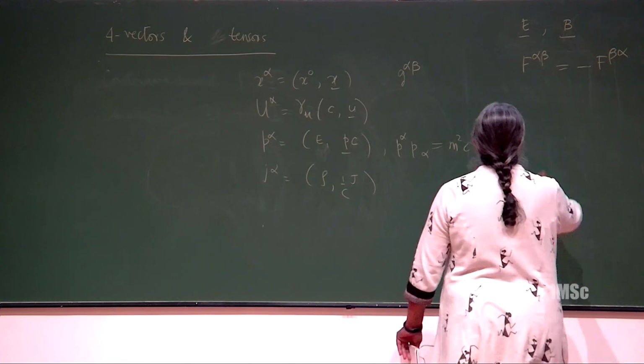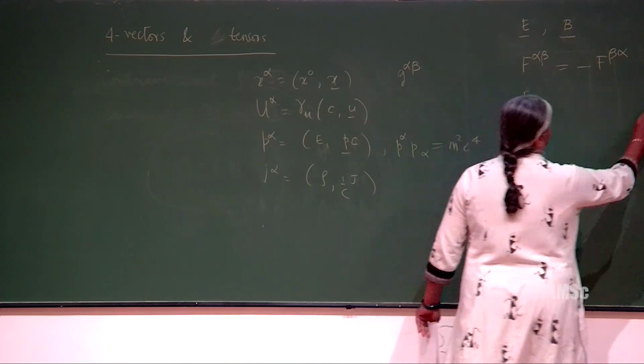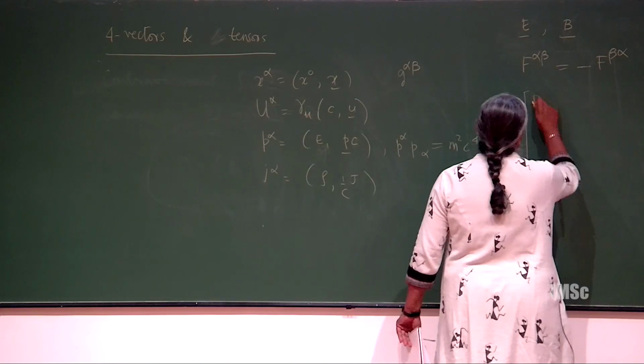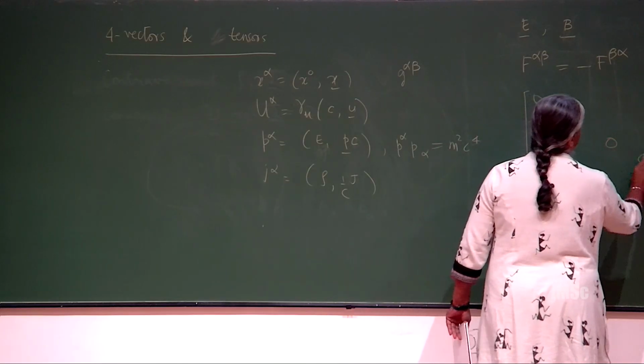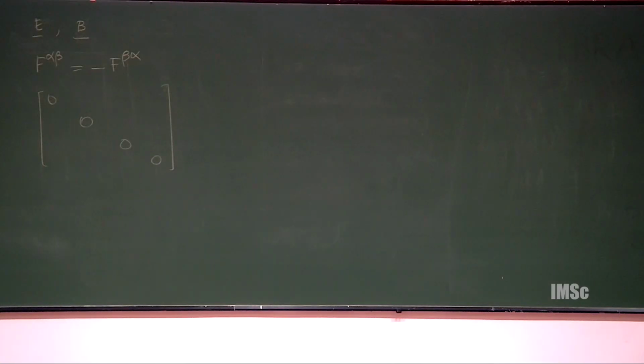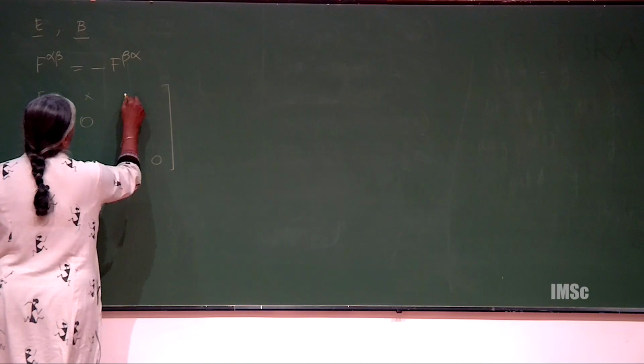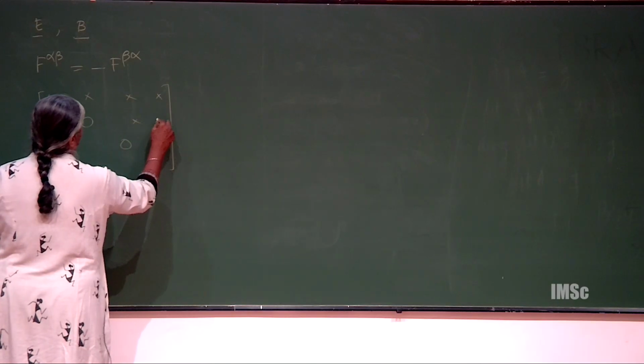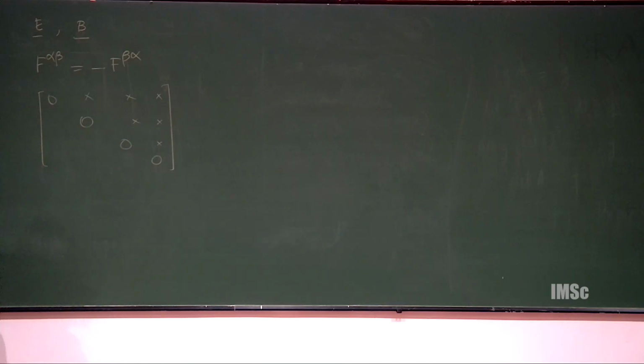What are the diagonal elements of an antisymmetric tensor? 0, very nice. So I have a 0, 0. So we have already solved for 4 elements, right? What else do you know about an antisymmetric tensor? So what is left over here? 1, 2, 3, 4, 5, 6, right? What do you know about an antisymmetric tensor?